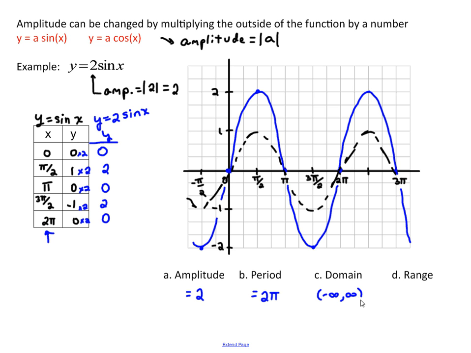What does change is the range. Because our maximum and minimum y values change from 1 and -1 to 2 and -2, that's what we will put as our range. So in interval notation, we'll write -2 to 2 as the range. There we go. Okay, more graphing action to come.